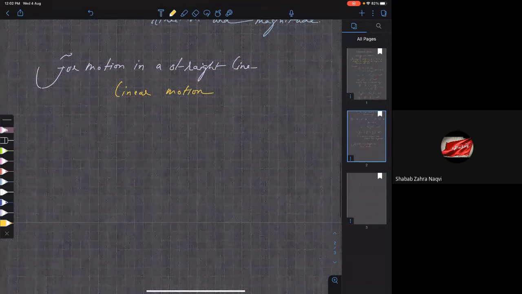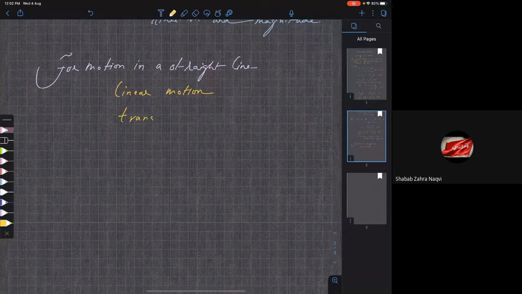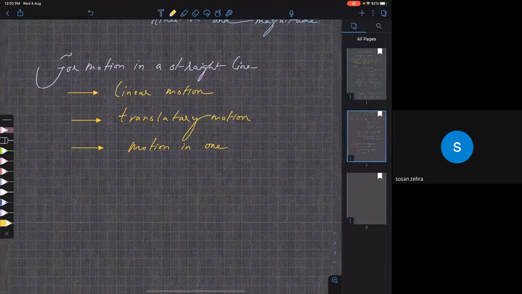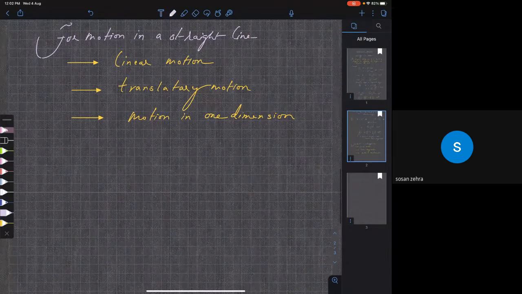One more name is translatory motion. You have to remember this. So motion in a straight line is also called linear motion and translatory motion. The first chapter is also called motion in one dimension. When you are talking about linear motion, when you say uniform, what does that mean?